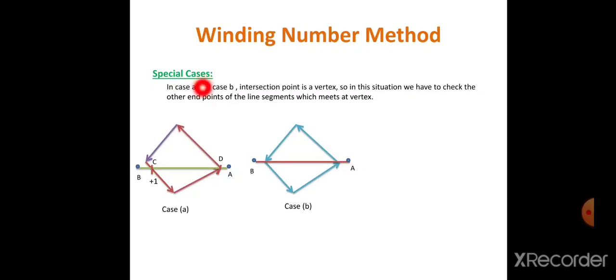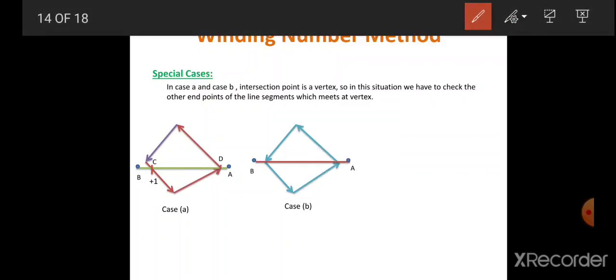With these two lines we will find the endpoints. This is one endpoint, this is another endpoint, and we can see that both the endpoints are on the opposite side of this line AB.